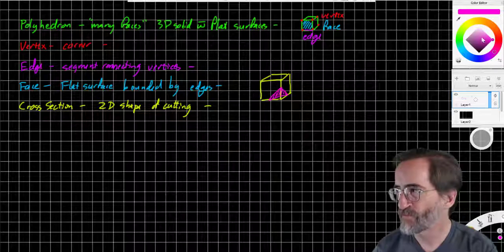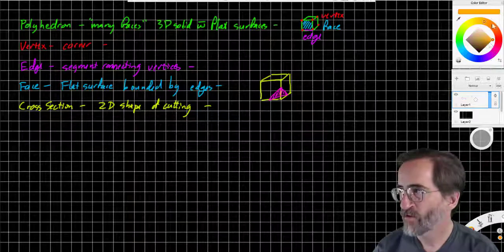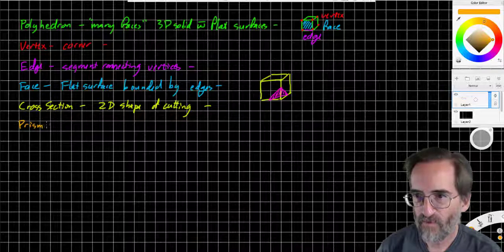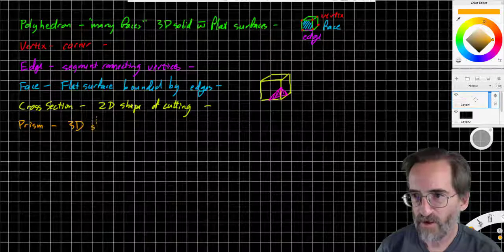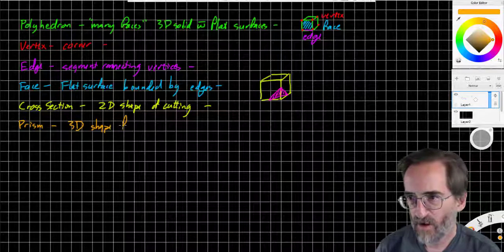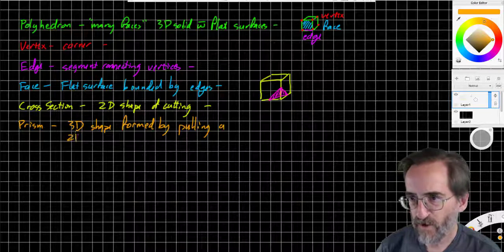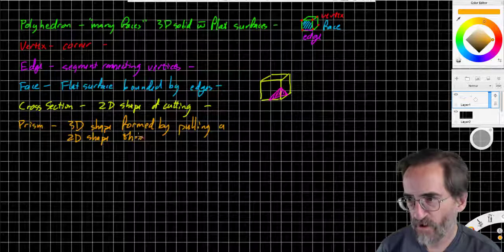Let's start with prism. 3D shape formed by pulling a 2D shape through space.